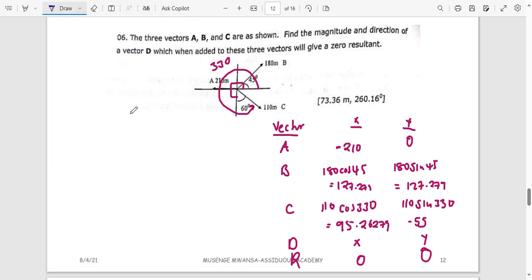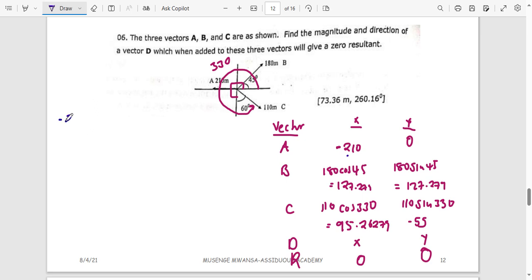So what are we going to do? Add the x components. We have got a negative 210, as you can see here. Plus 127.279, plus 95.26279, plus x.